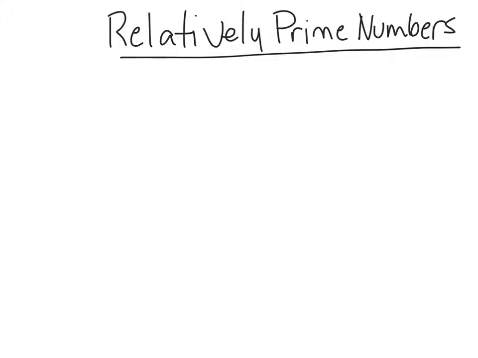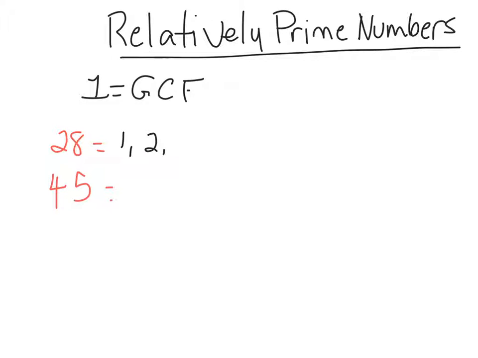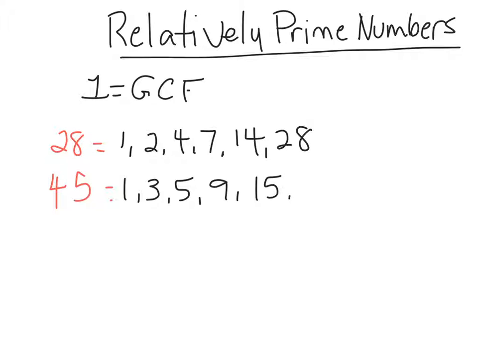So if the greatest common factor is 1, they're called relatively prime numbers. So let's see how we would identify. If we have, let's say, 28 and 45. The factors of 28 are 1, 2, 4, 7, 14, and 28. 45 is going to be 1, 3, 5, 9, 15, and 45.